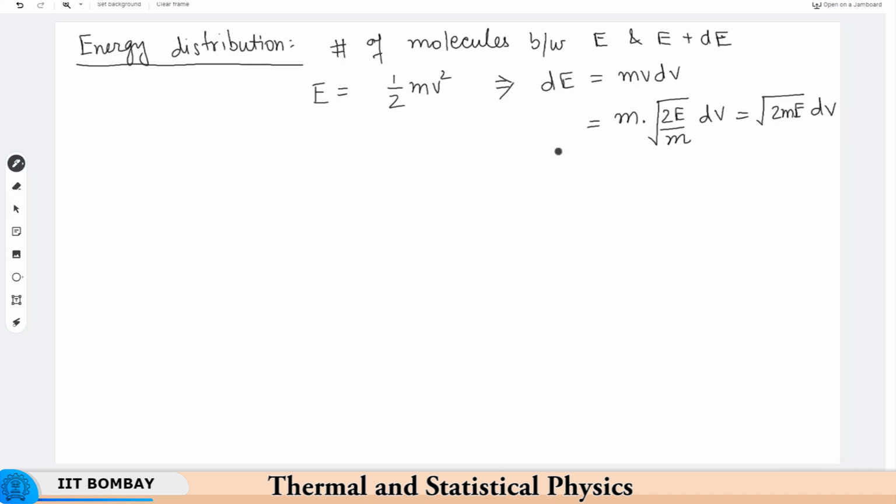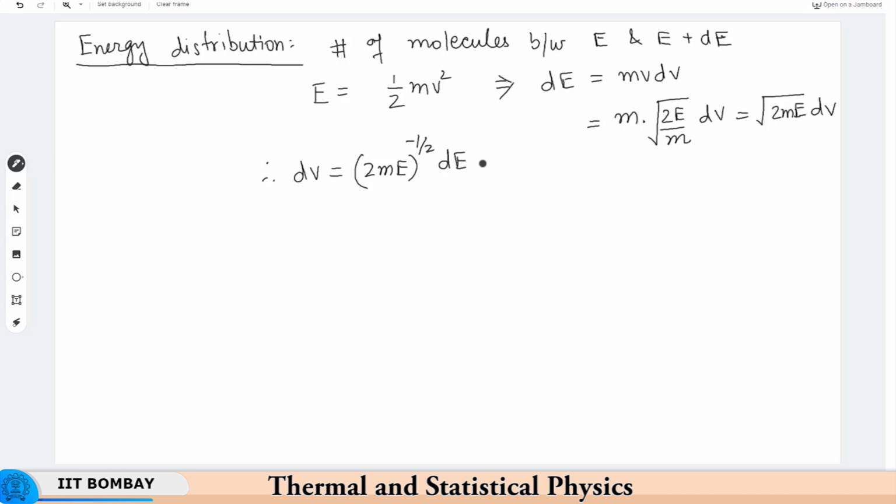So your dE is basically square root of 2mE dV. Therefore, we can write dV in this way: dV becomes 2mE raised to the power minus 1 by 2 dE.